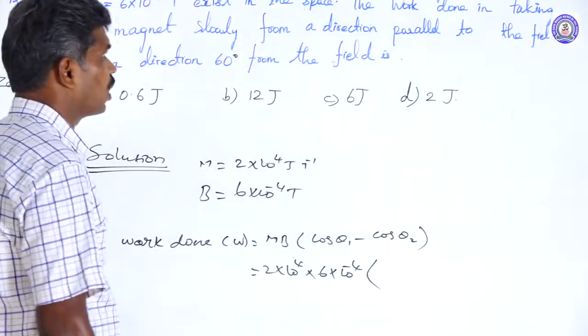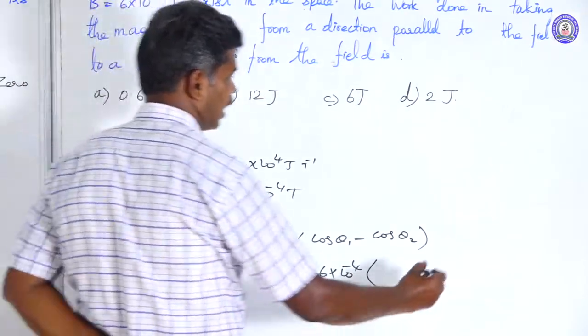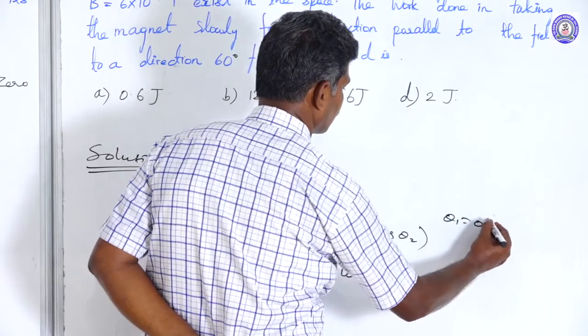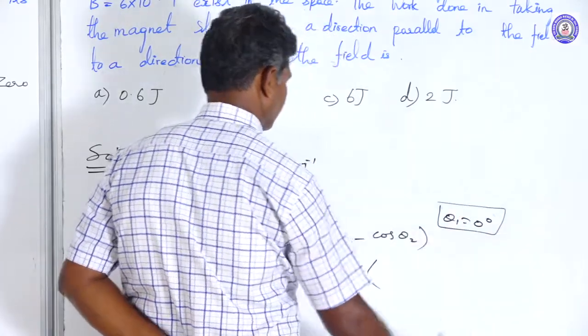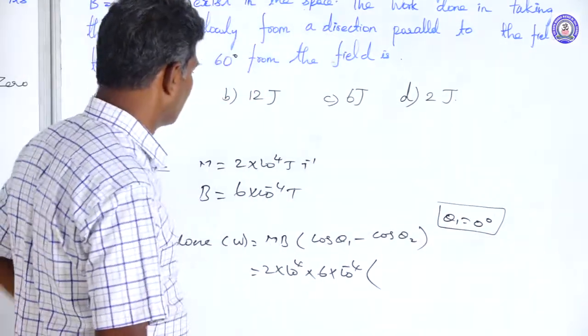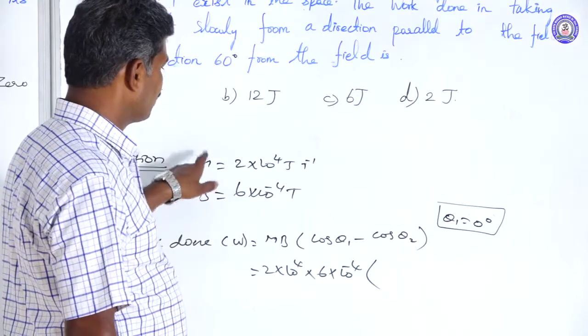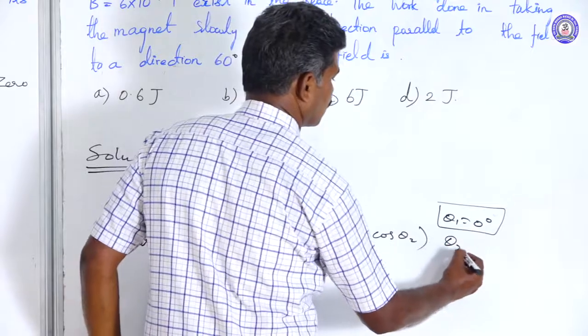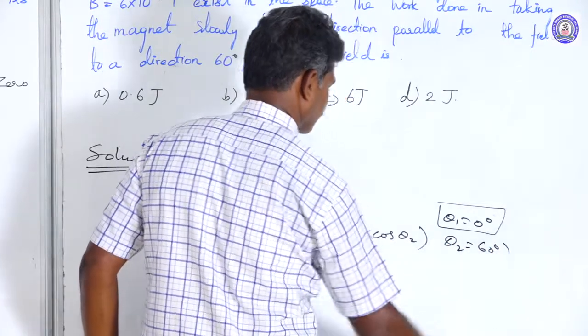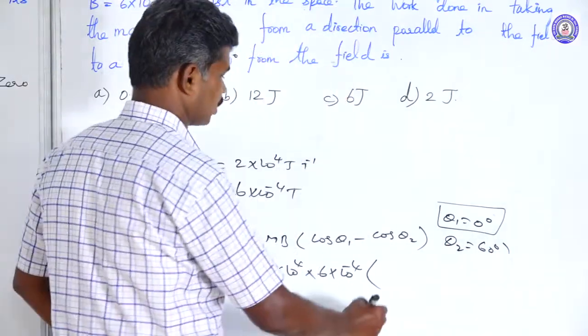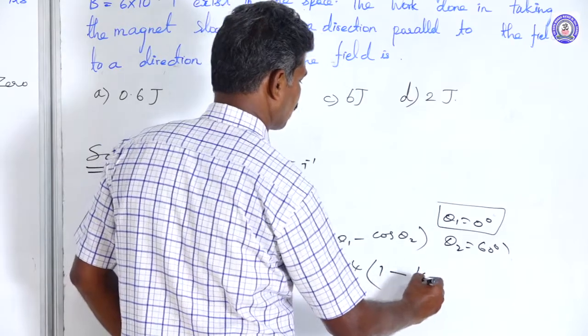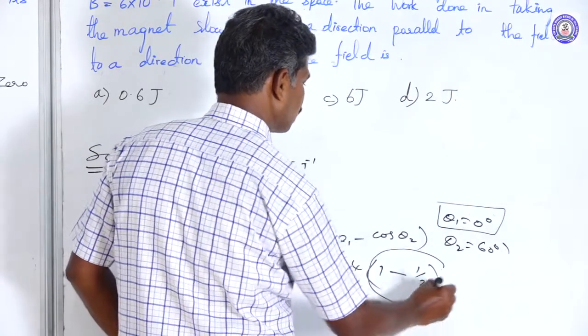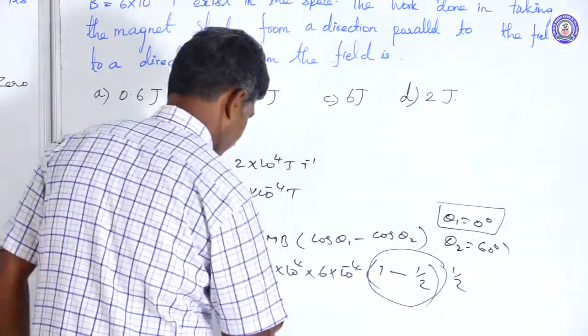Initially it is parallel, so theta 1 is equal to 0 degrees, that is, the magnetic moment and field are making an angle of 0 degrees initially. Then theta 2 is equal to 60 degrees. So cos 0 becomes 1, cos 60 becomes 1 by 2, so this value totally becomes 1 by 2.